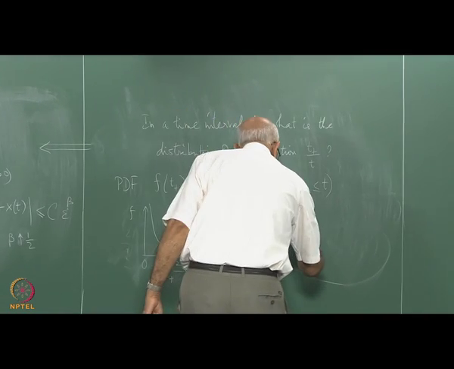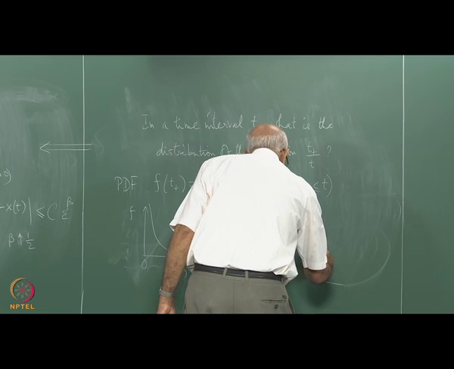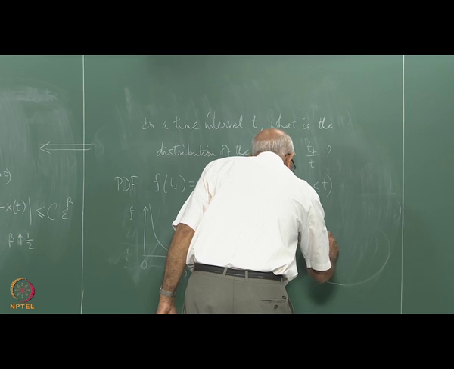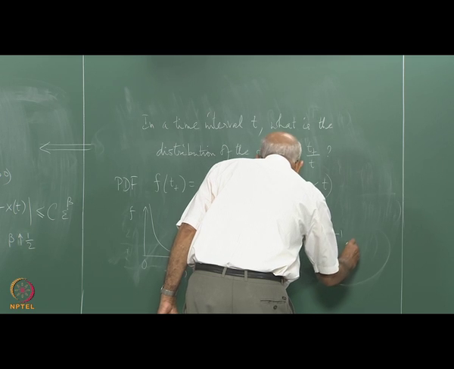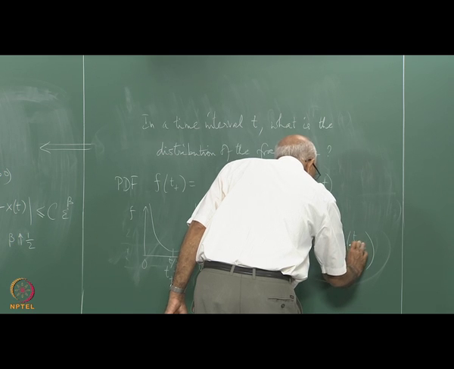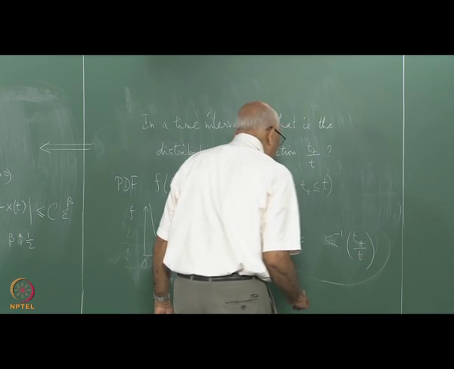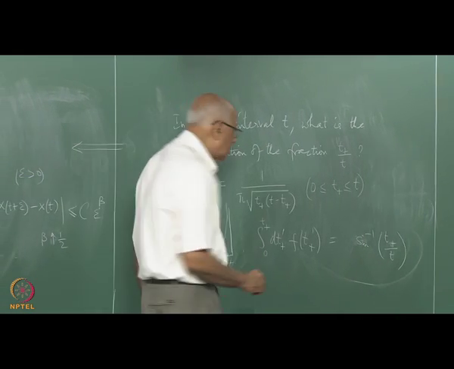This is equal to 2 over pi times sine inverse of the square root of t plus over t, and sine inverse 1 is pi over 2, so this is 1.